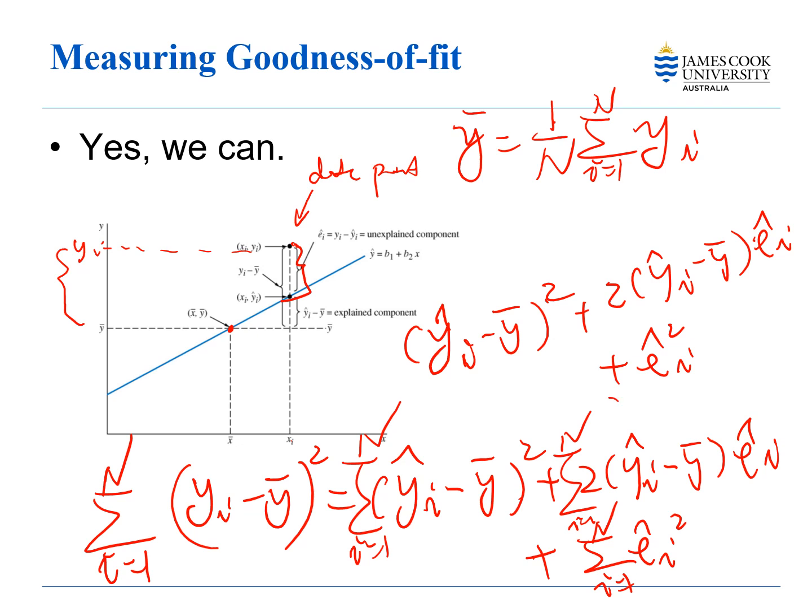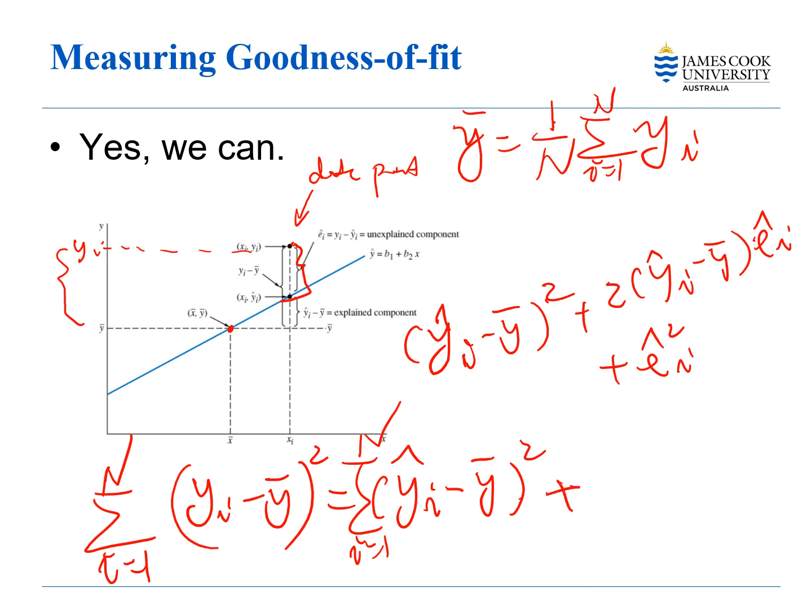And we can actually show that the cross term will be equal to 0, so it drops. So the left-hand side is the total variation of y from its sample mean, and we decompose it into this explained component and the unexplained component.